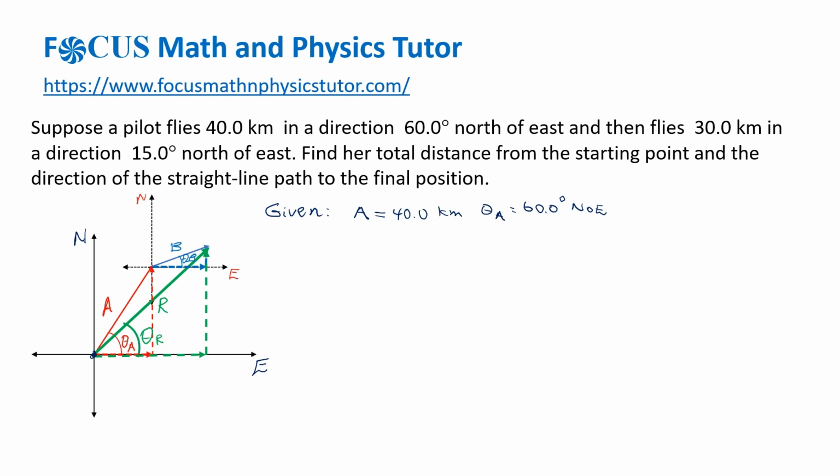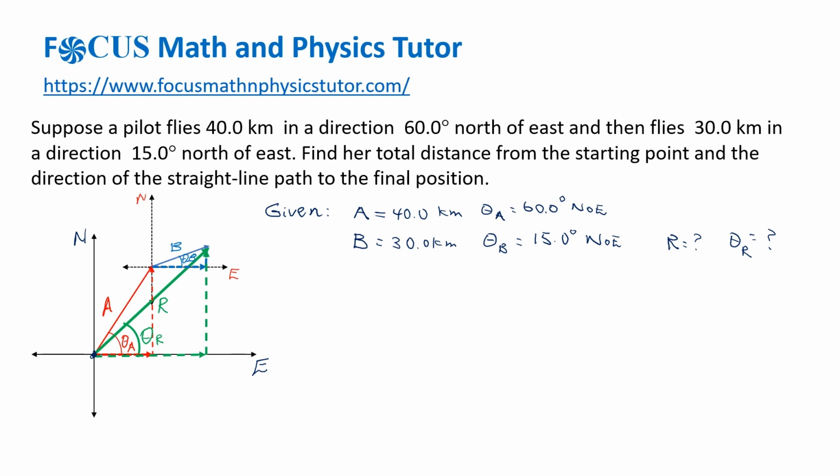We are given B, 30 kilometers, and a direction of theta sub B, which is equal to 15 degrees north of east. And we are required to find R and theta sub R, the resultant and its direction.